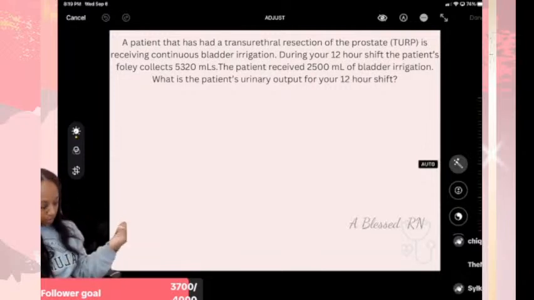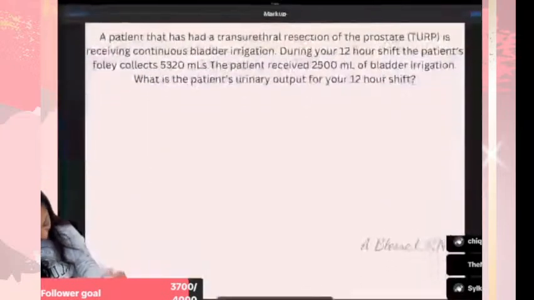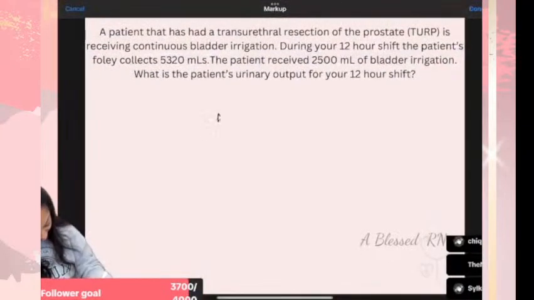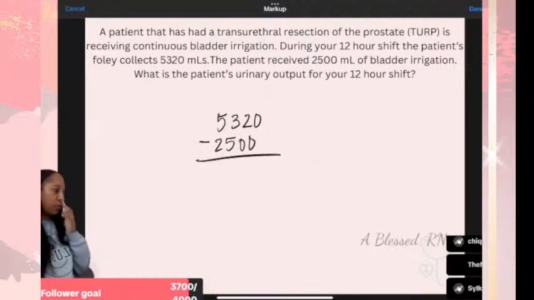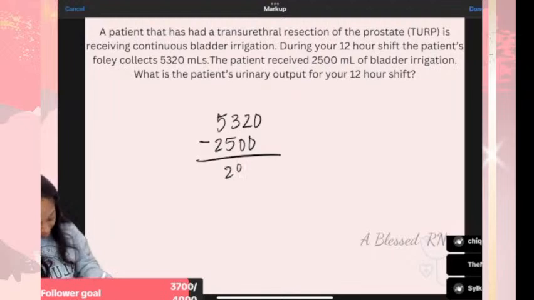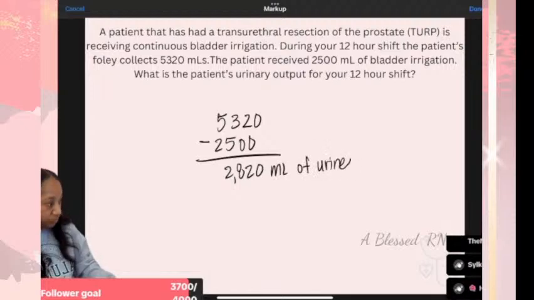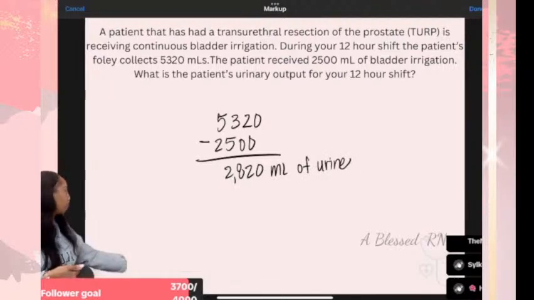So you would take 5,320 minus 2,500, and that's going to give you how many mLs of urine the patient actually had. So that's going to be 2,820 milliliters of urine. Okay.